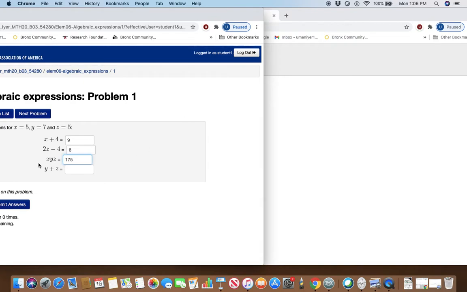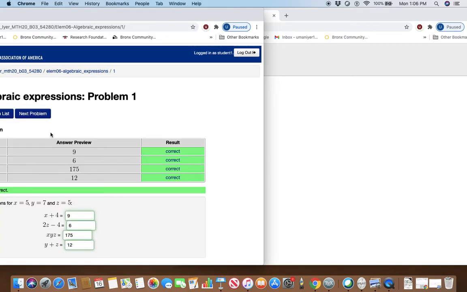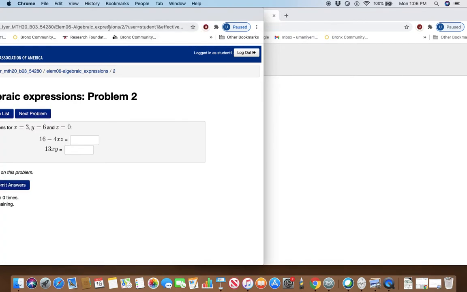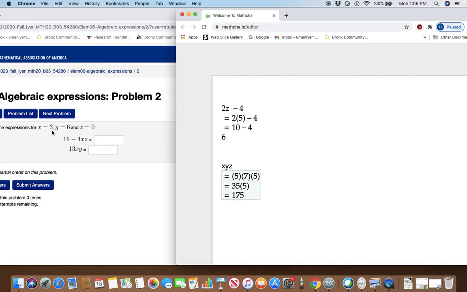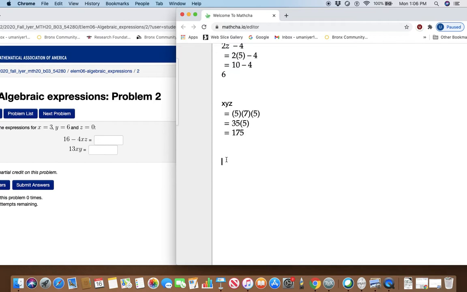Next, y plus z, 7 plus 5. Next problem. X is 3, y is 6, z is 0. The expression is 16 minus 4xz.